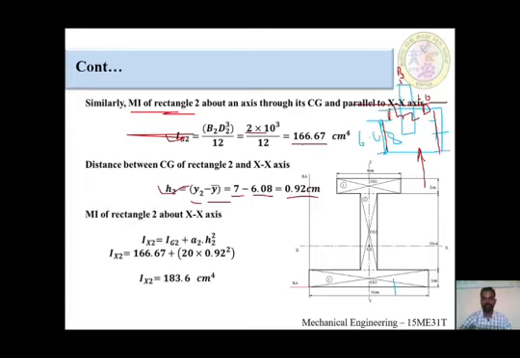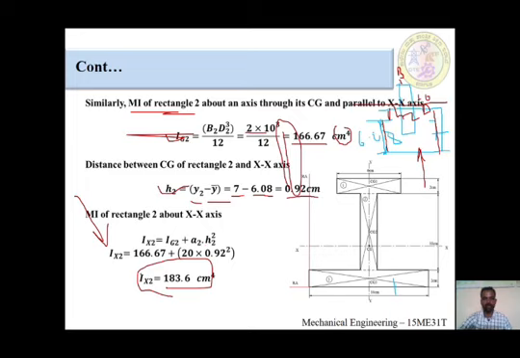We will get 166.67 centimeter raised to 4. The unit is centimeter raised to 4. After calculating these two values, Ig2 and H2, we have to put these values in the parallel axis formula. Ix2 is equal to Ig2 plus A2 into H2 square.